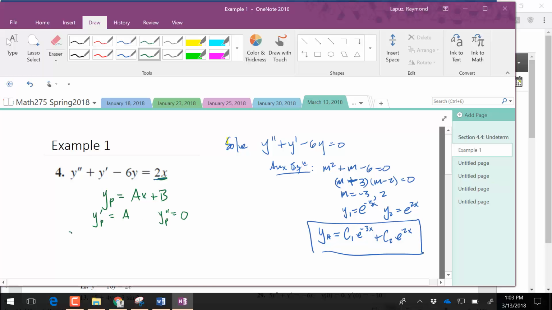So y double prime is going to be 0, y prime is going to be a, and y is ax plus b. And according to this differential equation, this is supposed to equal the right-hand side, which is 2x.